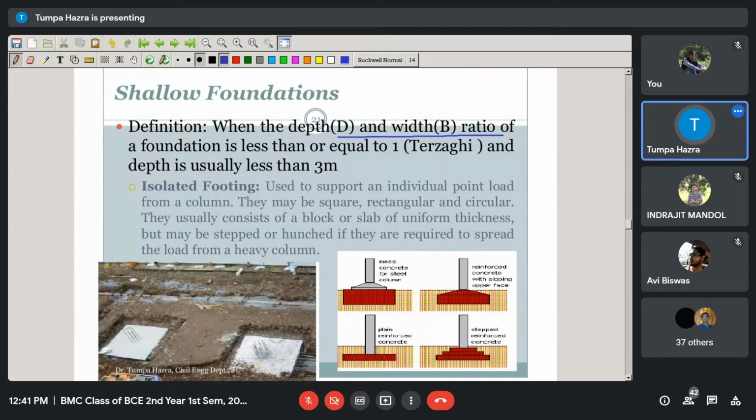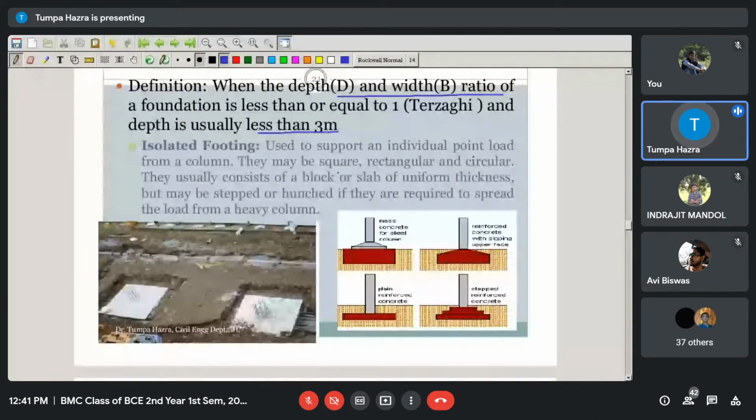And usually the depth of the foundation is less than 3 meters from the ground surface. I have also told you that the shallow foundations are classified into isolated footing, combined footing, strap footing, mat footing, etc.